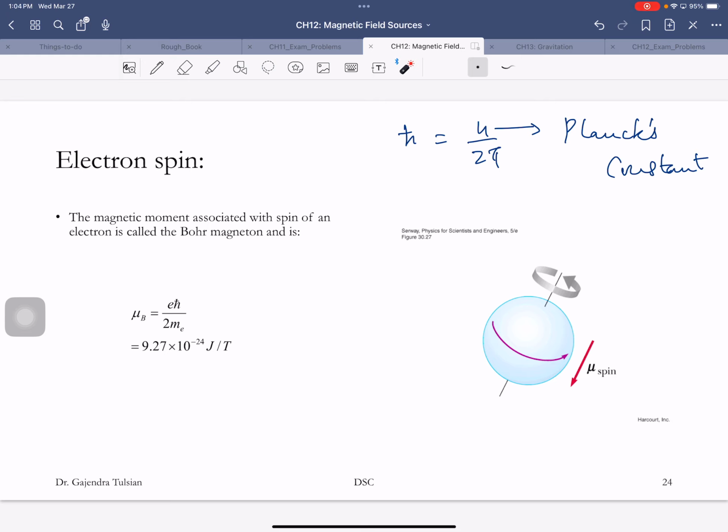It's the magnetic moment of the spinning electron. Every electron is spinning at the same rate, and that's the strength of the magnet. Look at that number closely: 9.27 times 10 to the minus 24.